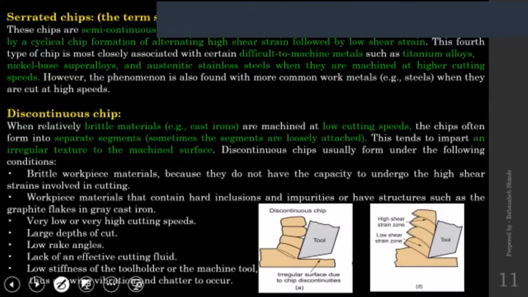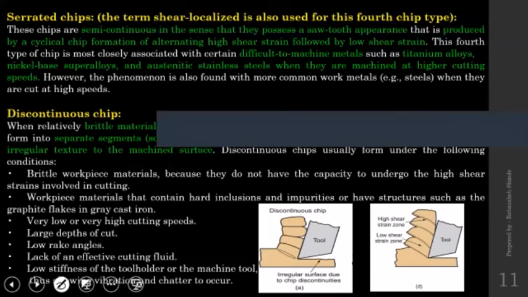Next, serrated. Serrated is this one. Serrated chips are also a kind of continuous chip only, but the outer surface of that chip will have a saw tooth nature.